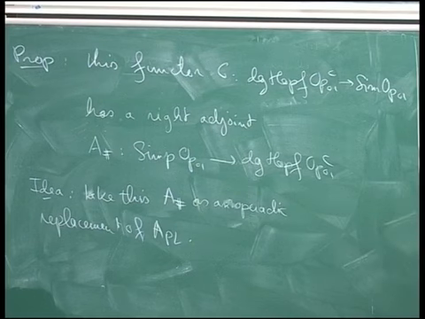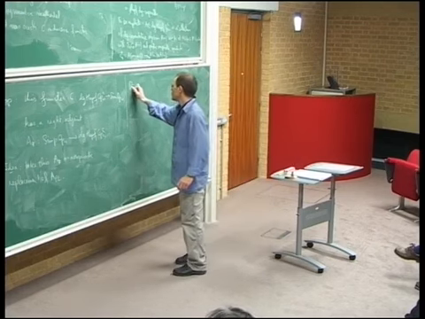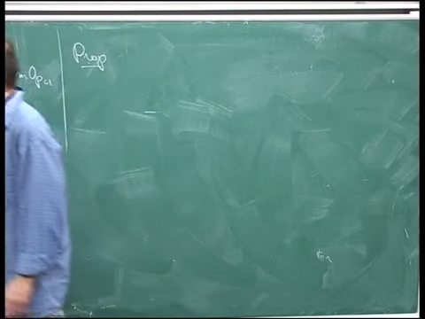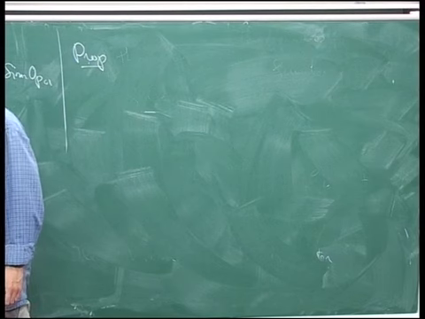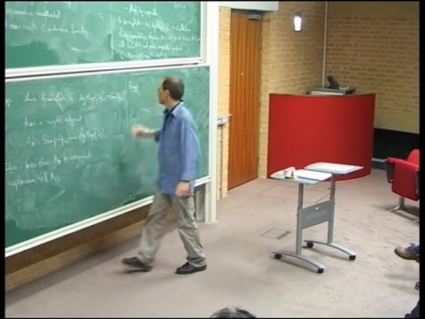So for that you need to analyze this A sharp. First I would like to give another proposition, describing the maps going from some cooperads to this A sharp. What I can do easily is to describe these maps.